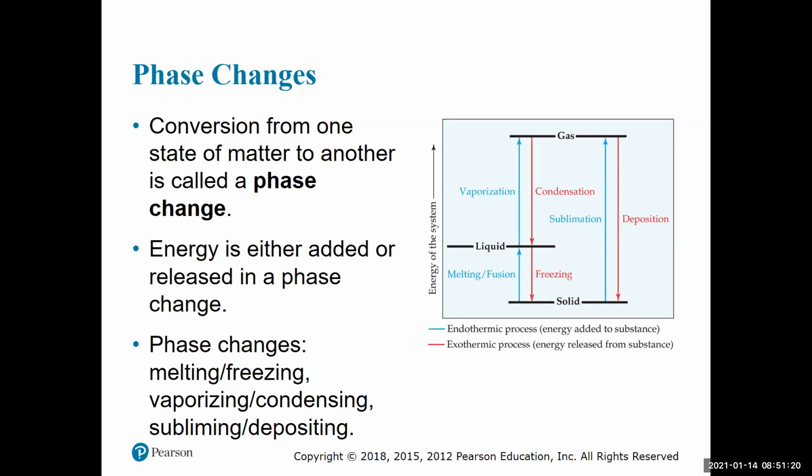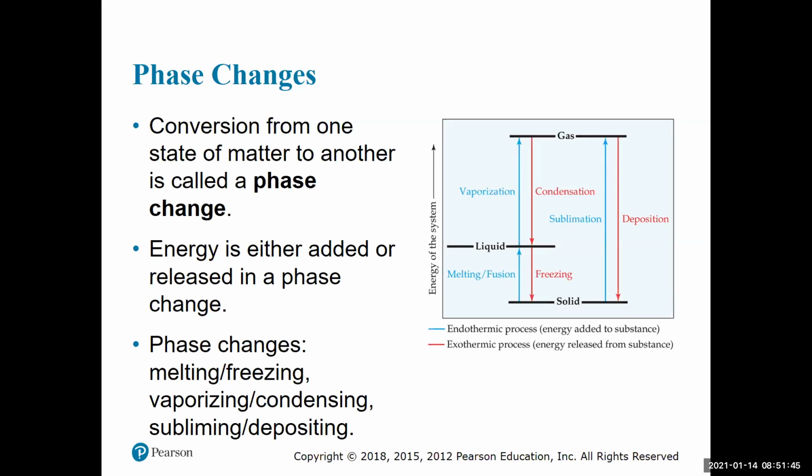And you think about it, if you had something that was frozen and you wanted to thaw it out, you'd have to put energy in, right? You'd add some heat. Then if you have a liquid and want to go to gas, so in other words, vaporize it, once again, what would you do in normal life? You would put some energy in to make that liquid become a gas.